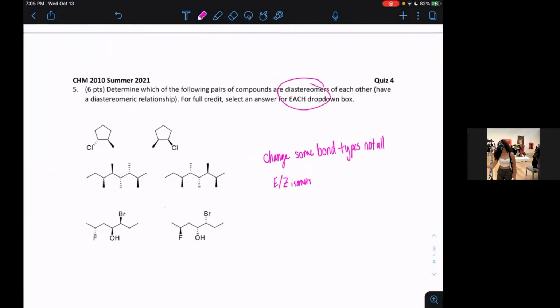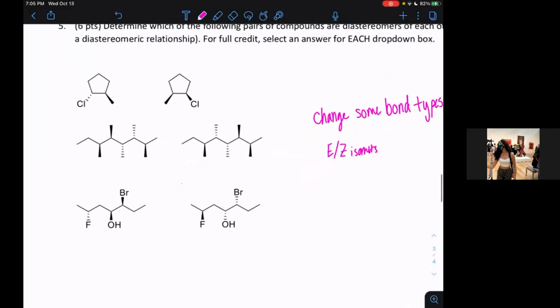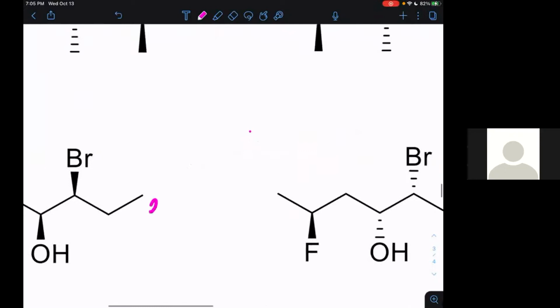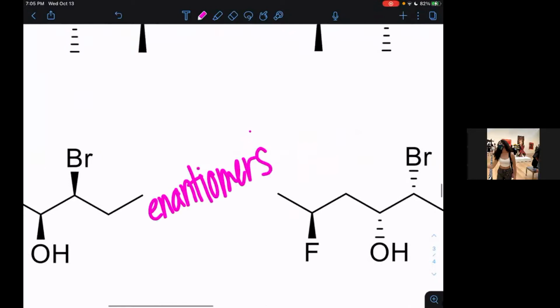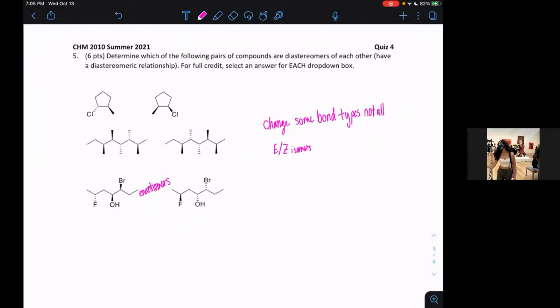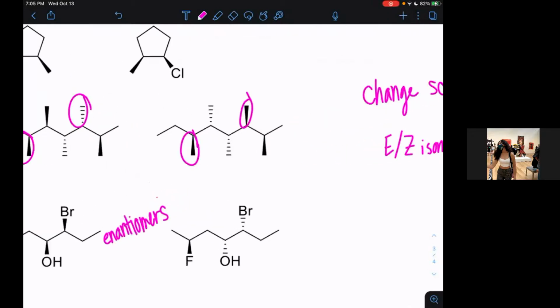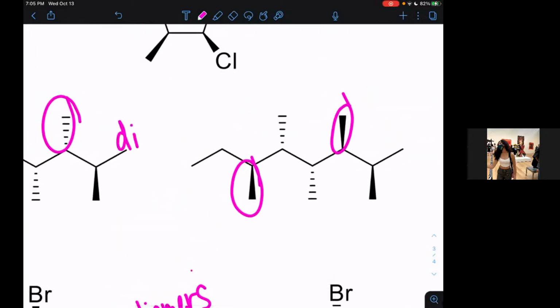No, we're looking for diastereomers. Okay, never mind. Those aren't it. Anyway, these ones are actually the same, and these ones are actually different. So these are diastereomers.